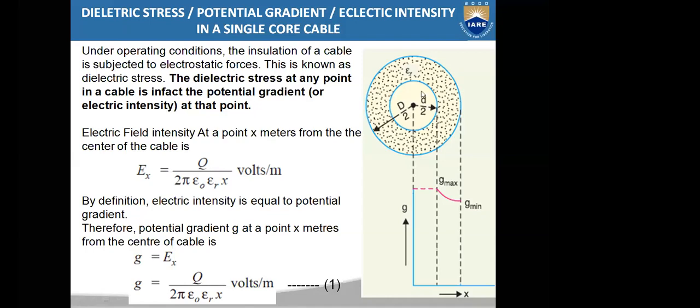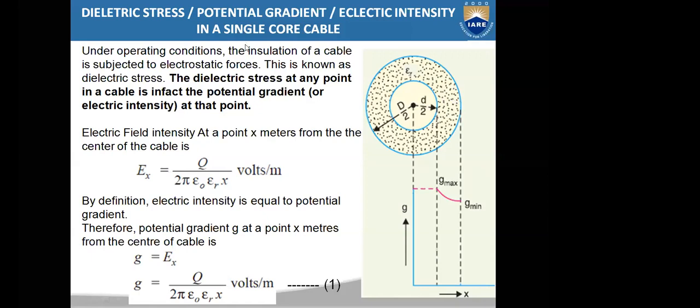On the conductor you have the insulation, and this insulation is subjected to electrostatic forces, also known as the potential gradient at a particular point. These forces should be minimum, so while designing cables you have to select insulation that can withstand these dielectric stresses.